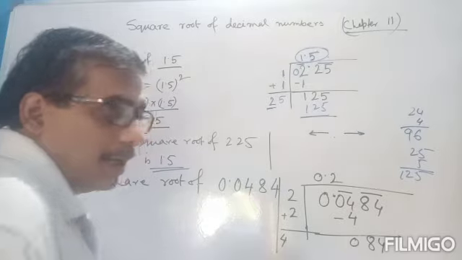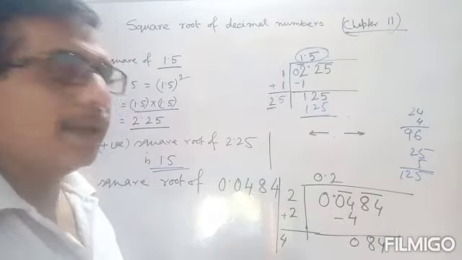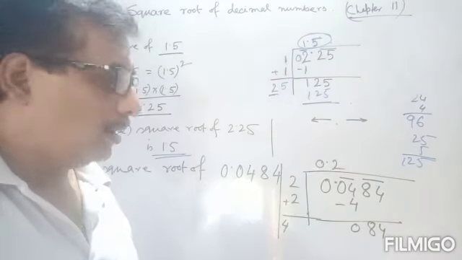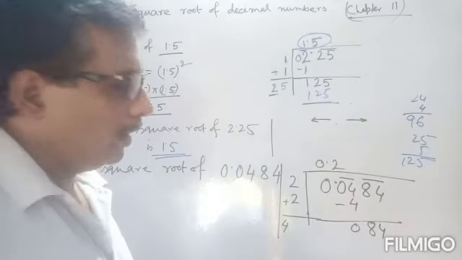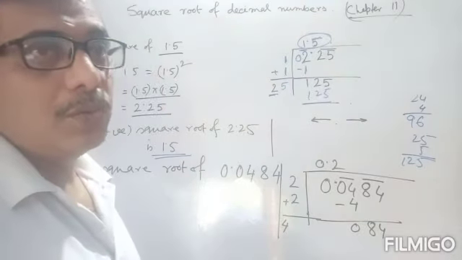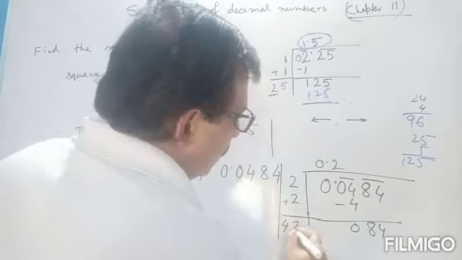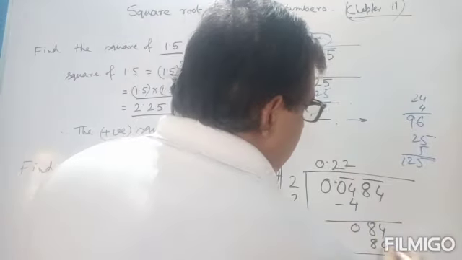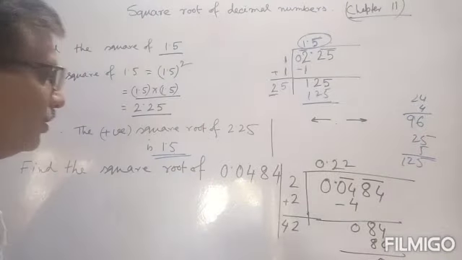Now we have to put a number which, multiplied by that number, gives 84. If we put 1, then 41 into 1 is 41, smaller. If we put 2, 42 into 2 is 84. So we put 2 here. This is 84. Clear? Remainder is 0.